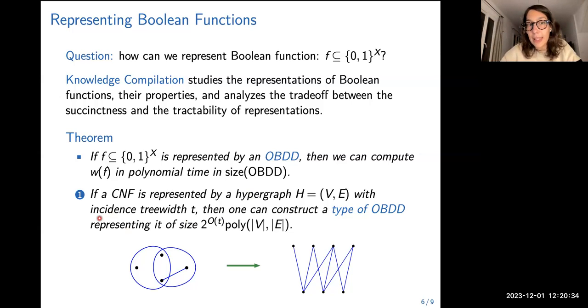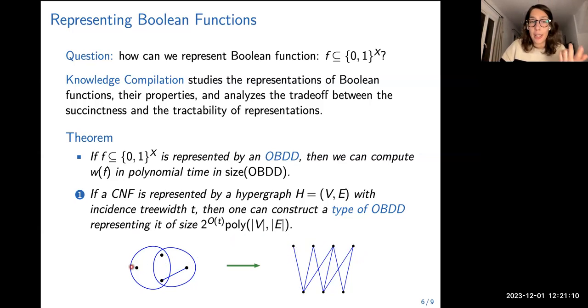Just to explain a little bit the difference between incidence and primal treewidth. Here again, you want to compute the treewidth of a related graph. You start from your hypergraph and construct the incidence graph, which is a bipartite graph, where on one side you have the vertices that represent the nodes of your original hypergraph, and on the other side you have nodes that represent the edges. You connect them if and only if the node you're looking at was in the specific edge.